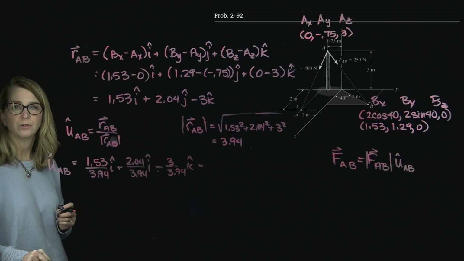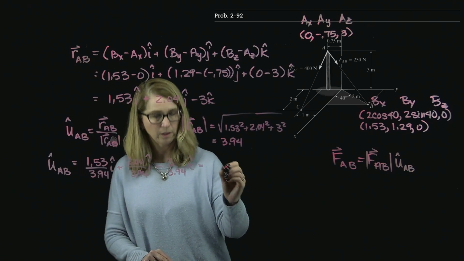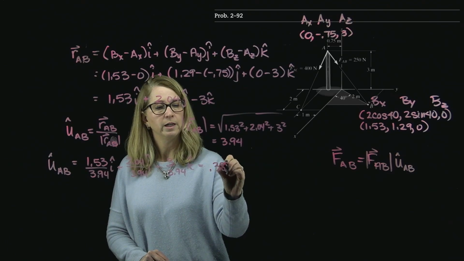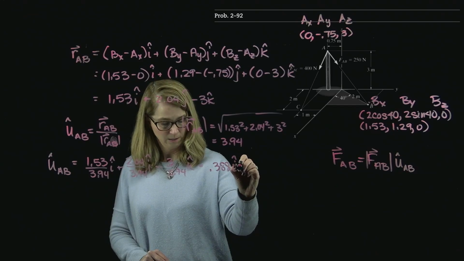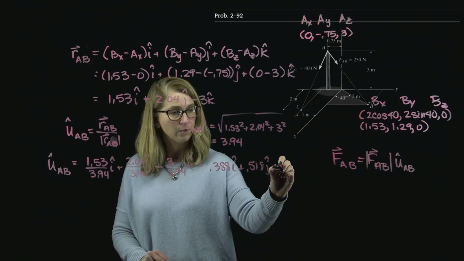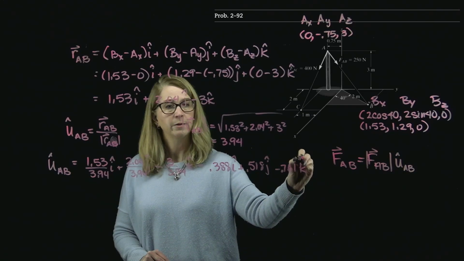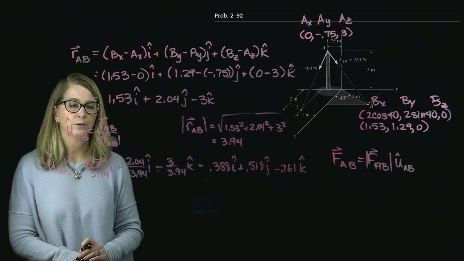Okay, just so you can see everything, if I do the division, I get 0.388i plus 0.518j minus 0.6761k. That is my unit vector.